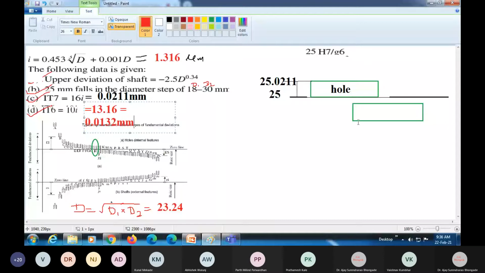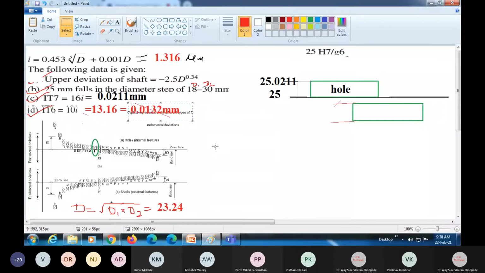So 0.0132 is this value. I think you may not be able to see the screen right now. Am I right? Now visible, sir. Okay.